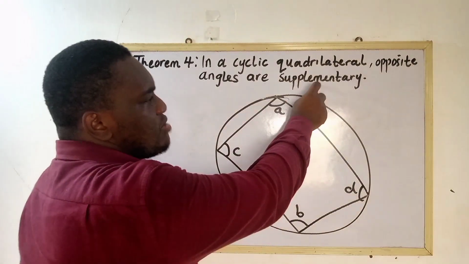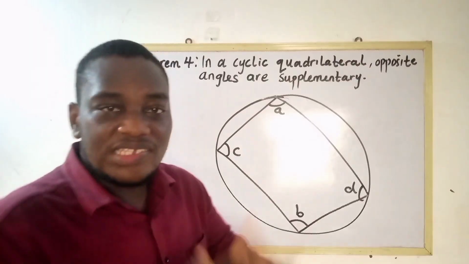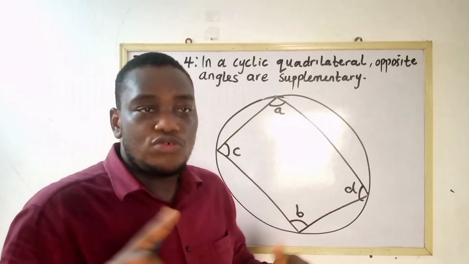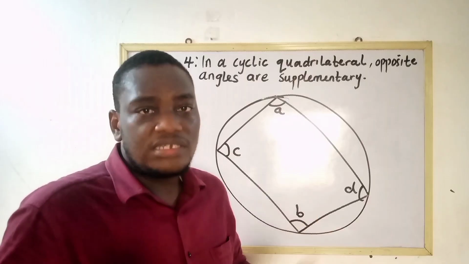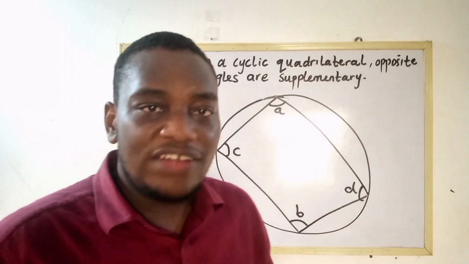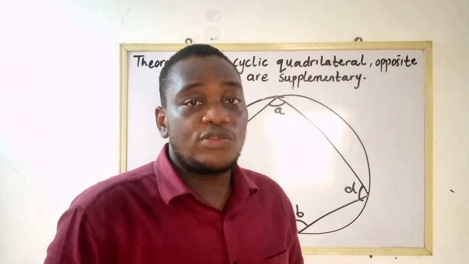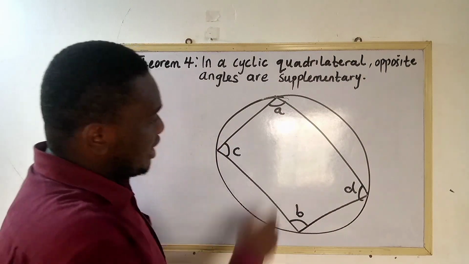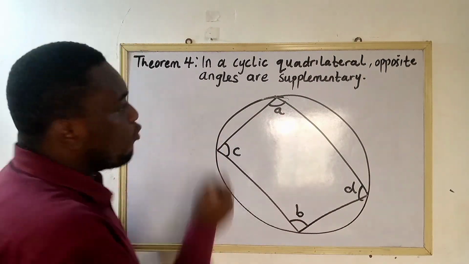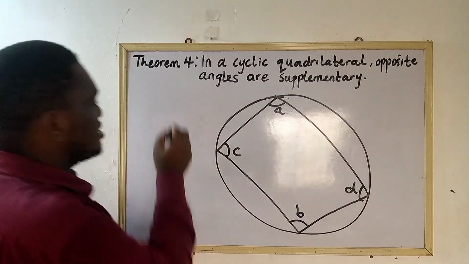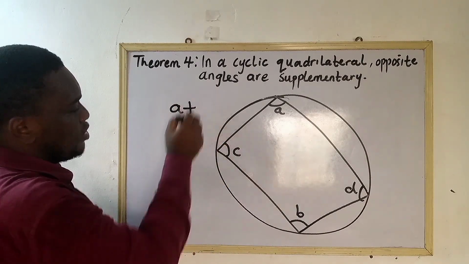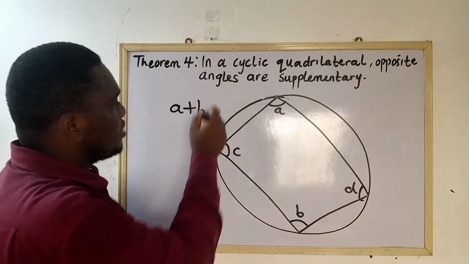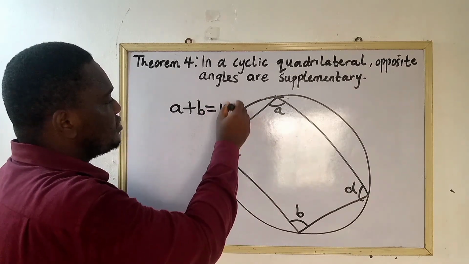Now, what does it mean to be supplementary? It just means that whenever you add up these angles that are opposite to each other, they add up to 180 degrees. That is what being supplementary means. So, if I look at this cyclic quadrilateral and its opposite angles, what the theorem is telling me is that A plus B, they are opposite angles in a cyclic quadrilateral, must add up to 180 degrees.